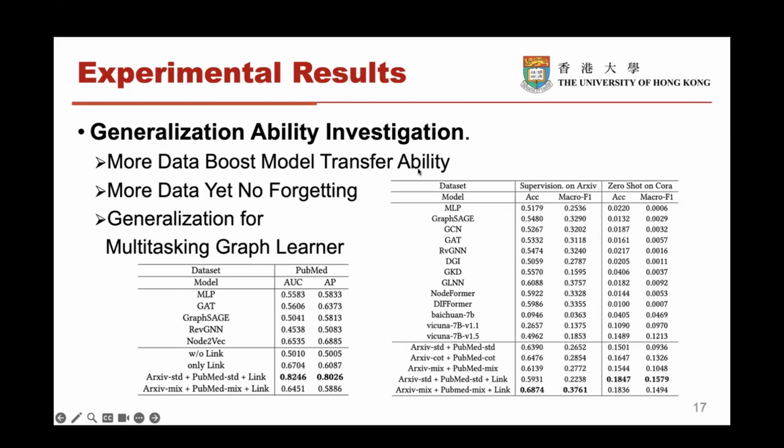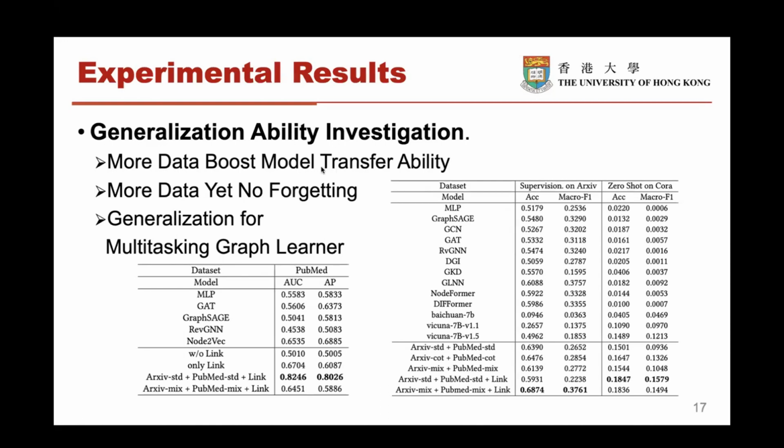Also, I would like to highlight the generalization ability investigation of our GraphGPT. Specifically, we mix different kinds of instruction data to obtain multiple data combinations, such as different data sources, different data patterns, that is, whether they contain chain of thought patterns, and different tasks, such as node classification and link prediction.